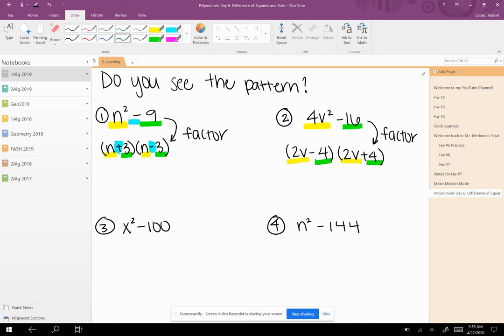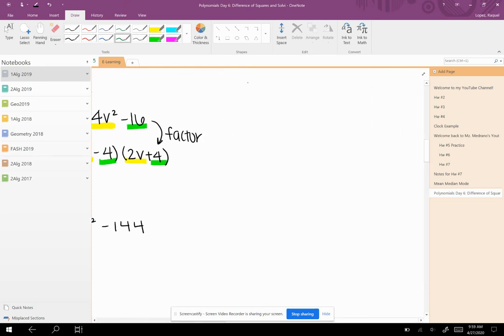So somewhere on your paper, what I'd like for you guys to do, and I'm going to go off to the side here, is write: this is called difference of squares. Okay, and a difference of squares means that when I've got a perfect square term as my first term and a perfect square term as my second term, and I'm taking the difference, aka subtracting the two, it's going to follow the following structure when I factor them.